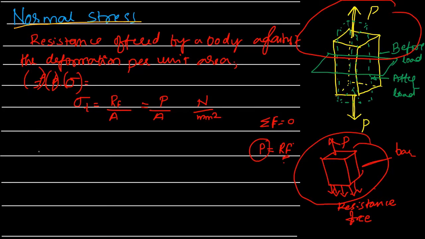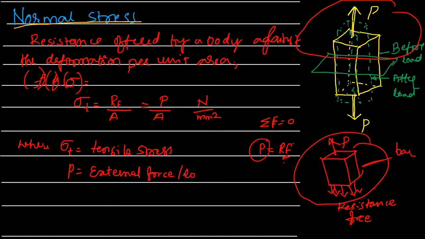So stress, where sigma t is tensile stress, P is external load or external force, A is cross sectional area.